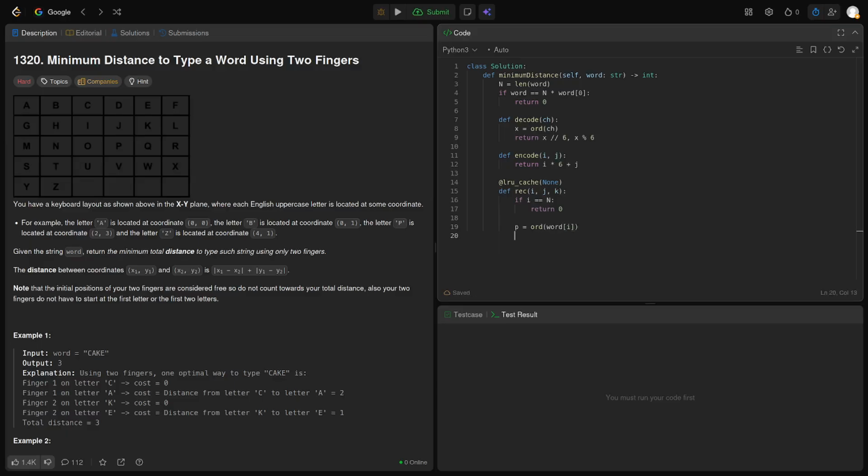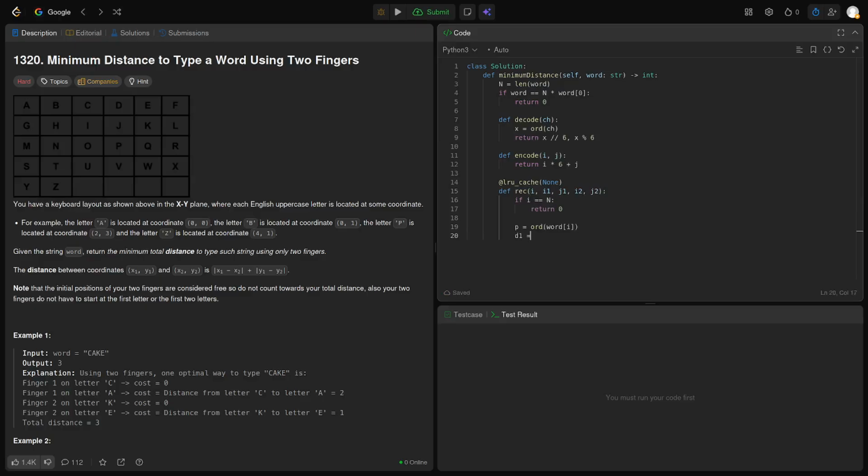So that's the position, and now distance 1 is, so that's i1, j1, i2, j2 equal to decode J and decode K, then I guess we should pass this i1, j1, i2, j2, right?